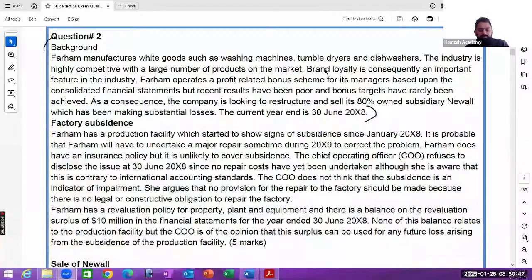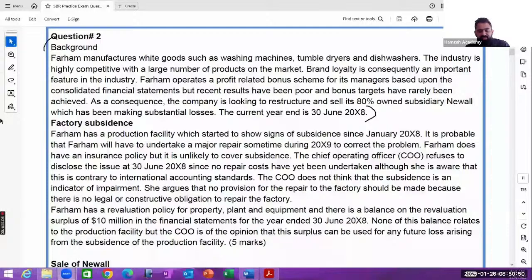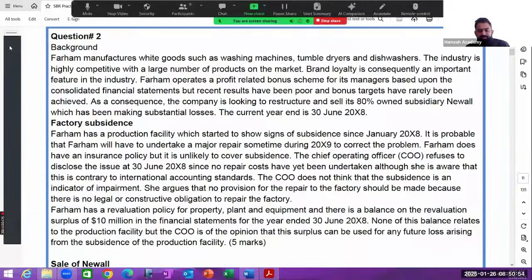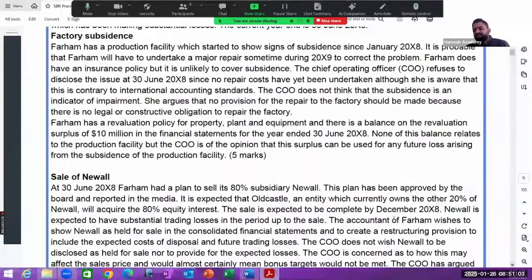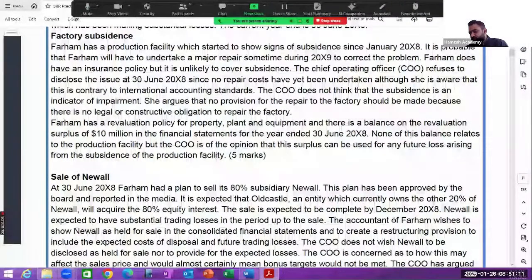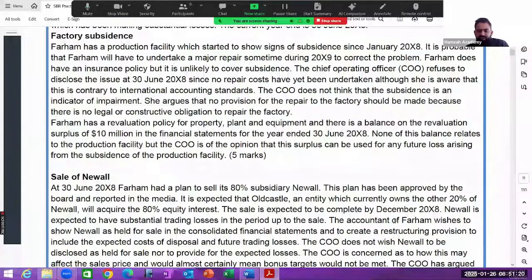Now, the first issue is a factory subsidence. Factory subsidence means that there is some sort of damage to the property or building of a factory, relating to land, deterioration of land.